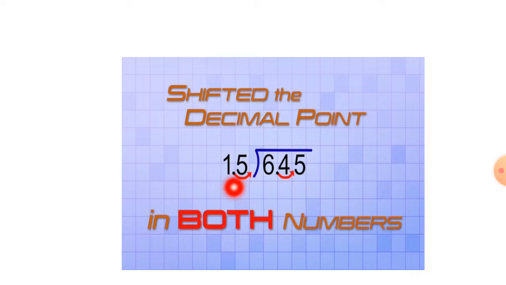Like the decimal is between 1 and 5, we have to shift it to the end of the 5. In the same way, we move the decimal point in the other number. At first it is between 6 and 4, so now we are going to move it between 4 and 5.